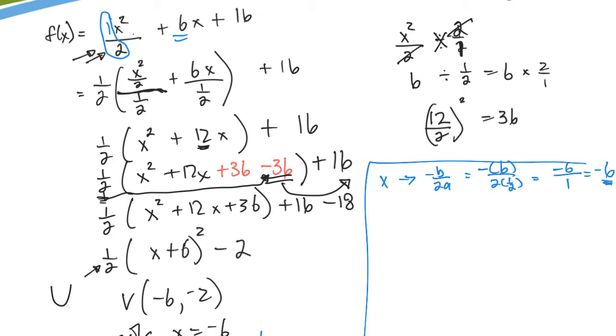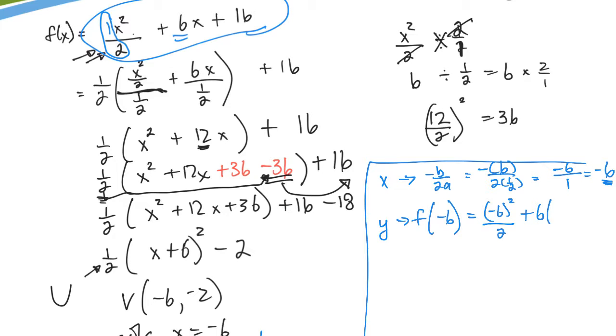Notice we got the same thing. To get the y value of the vertex, you figure out the value of the function when you put in minus 6. So I'm going right back to here, and I'm putting in negative 6 squared over 2 plus 6 times negative 6 plus 16.